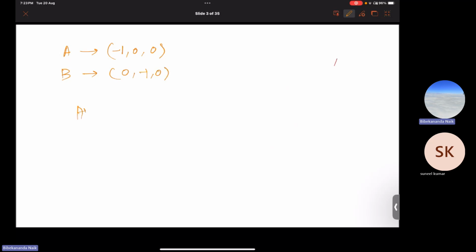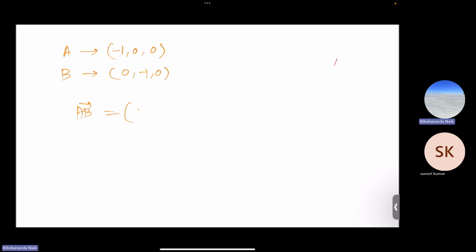If you talk about the AB vector, it means B minus A. So 0 minus (-1) will be 1, -1 minus 0 will be -1, then 0. And the BA vector will be exactly opposite: -1, 1, 0.